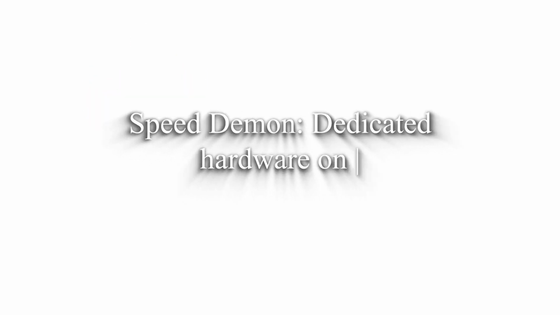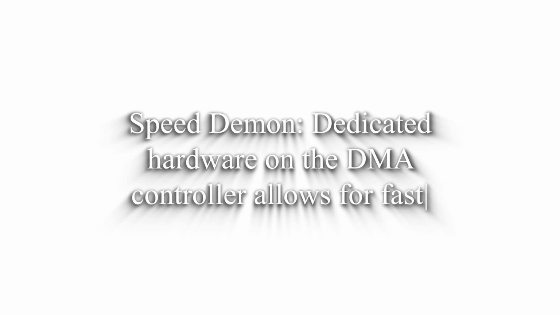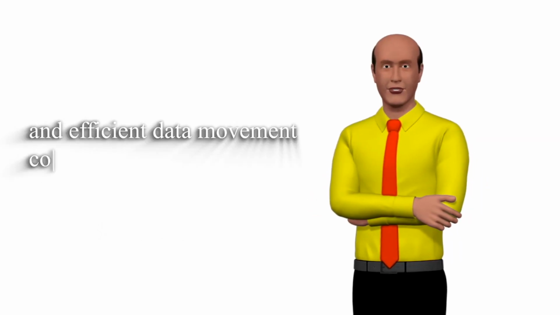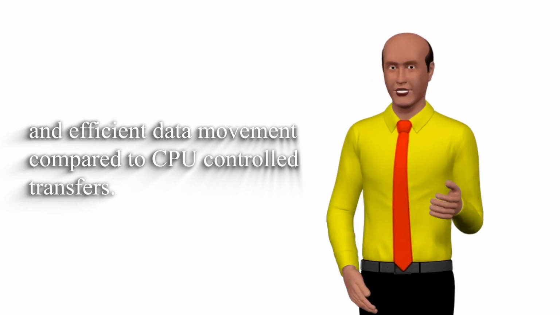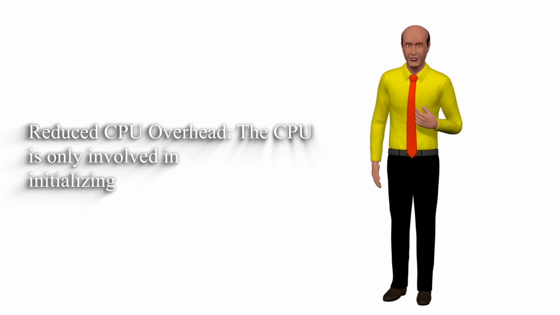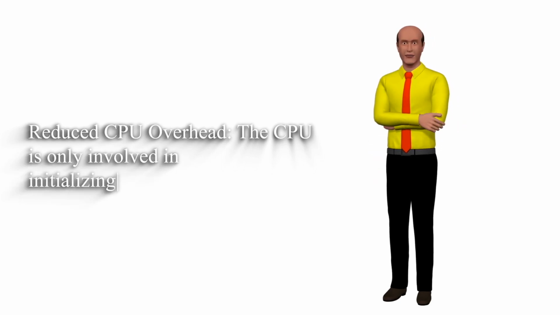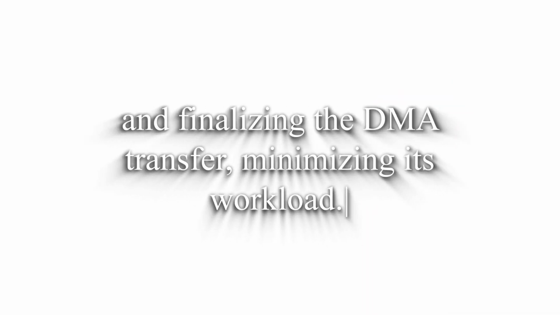Speed daemon. Dedicated hardware on the DMA controller allows for fast and efficient data movement compared to CPU-controlled transfers. Reduced CPU overhead. The CPU is only involved in initializing and finalizing the DMA transfer, minimizing its workload.